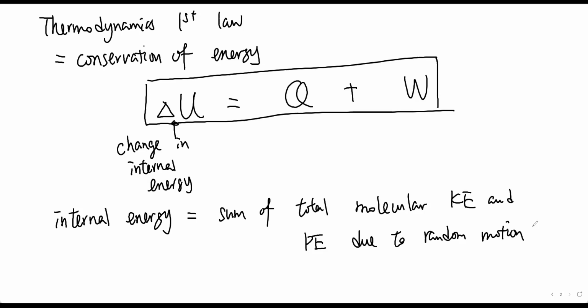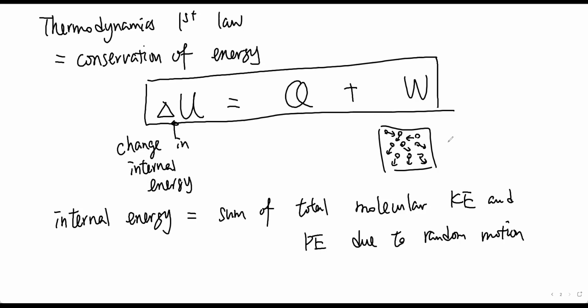For molecular KE, you take a look at each single molecule, find their speed, and count the KE of the molecules one by one, and then take a sum. Let's say there are so many molecules here; you find their KE individually, and then take a sum. That is the molecular KE.